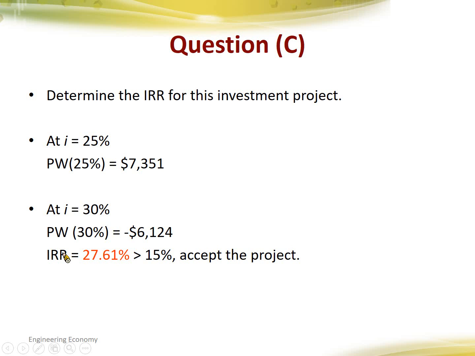Here, because it's a simple investment, there's only one negative cash flow, and the rest of them are positive cash flows. We know that it's a simple investment. So we are sure that we can compute a single rate of return, which is the internal rate of return. So we do interpolation and get the value, and we do comparison.